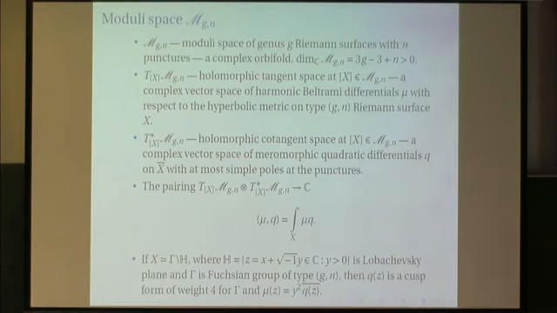So in a nutshell, the holomorphic tangent space at a point represented by a Riemann surface X is a complex vector space of harmonic Beltrami differentials. Harmonic means harmonic with respect to the hyperbolic metric on a type (g,n) Riemann surface.